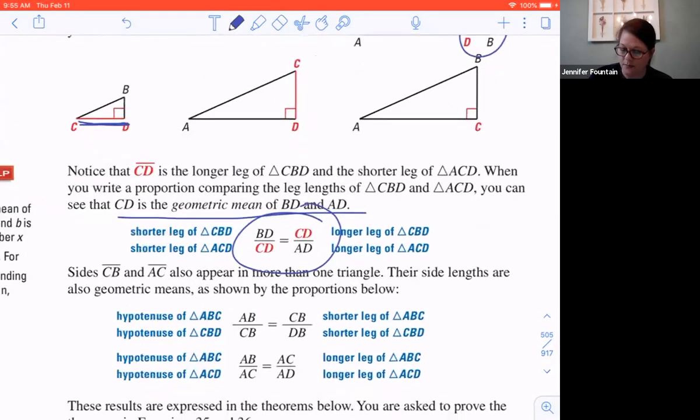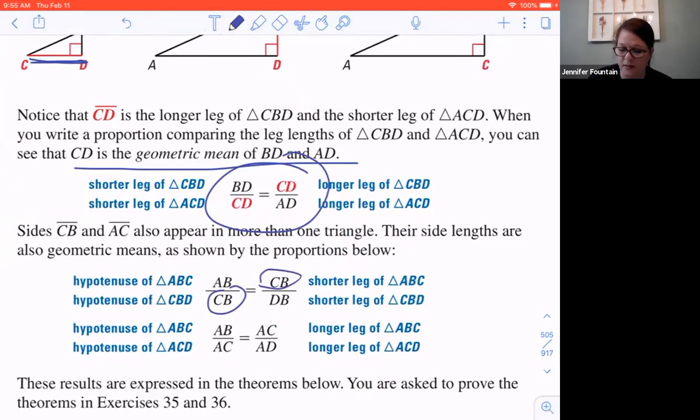Again, my hypotenuse of one is the short leg of the other. So I've got geometric mean here. The other comparison is the hypotenuse of one over the hypotenuse of the other is equal to long leg over long leg. Again, my hypotenuse and my long leg are going to be the same. So I can use geometric mean.